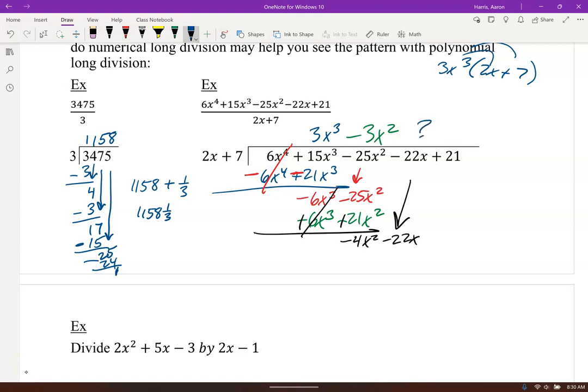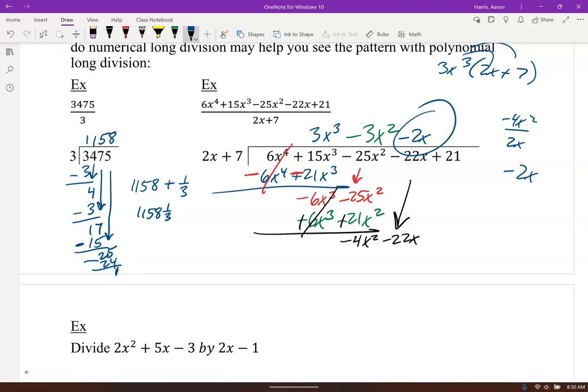So what times 2x gives me negative 4x squared? Another way to do that is just think to yourself, take that negative 4x squared divided by 2x. And you get negative 2x. That's the key. That's the one you want. Negative 2x. So write that in, negative 2x.